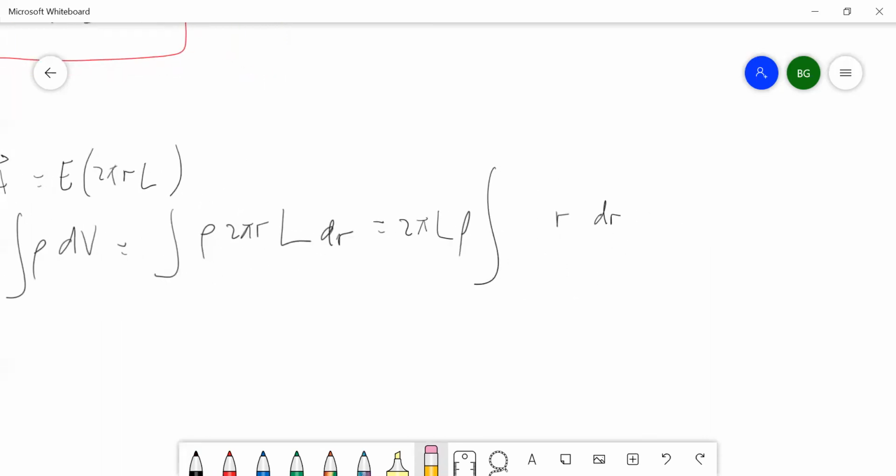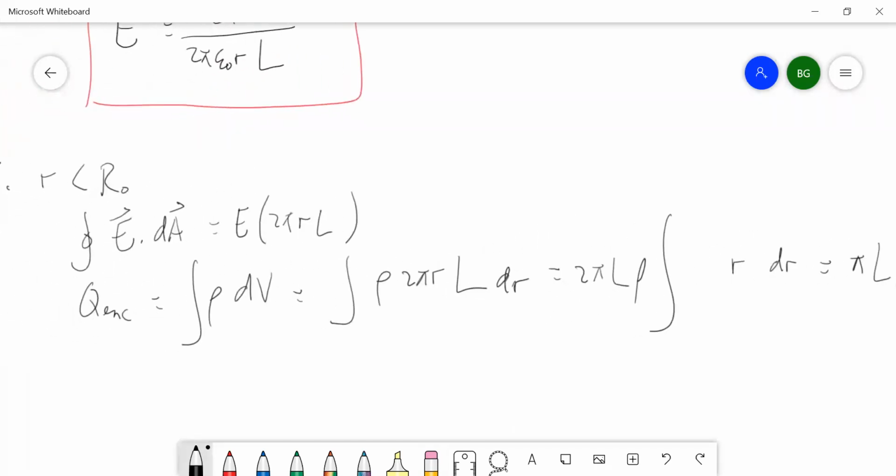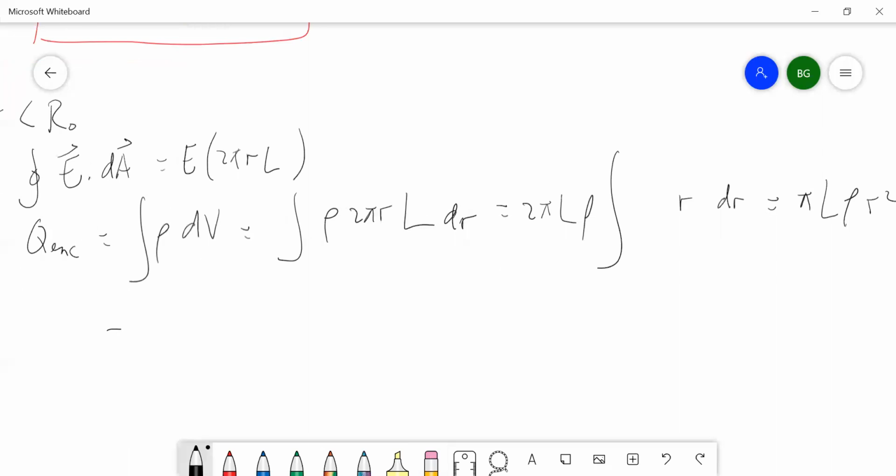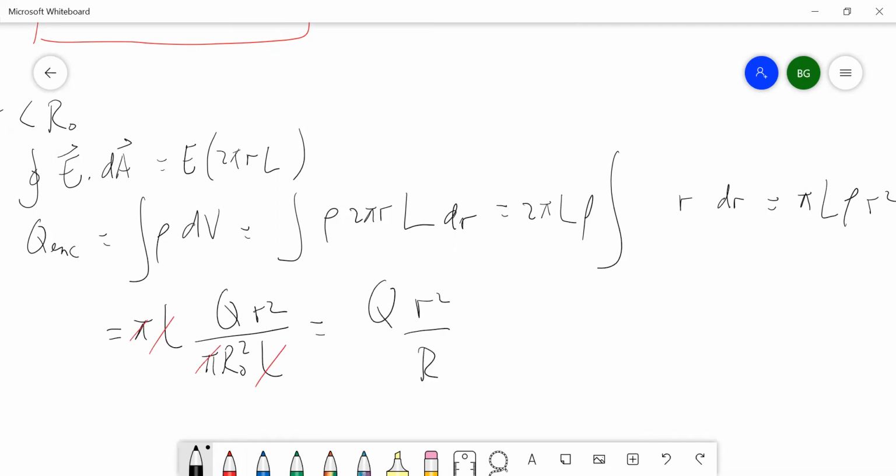This is equal to pi L rho r squared. But rho is the same as Q over pi R0 squared L, so this becomes Q r squared over R0 squared.